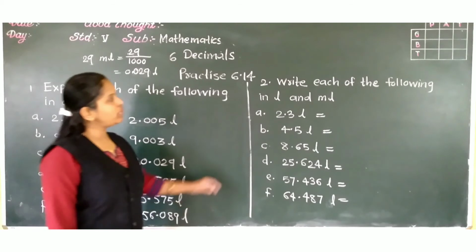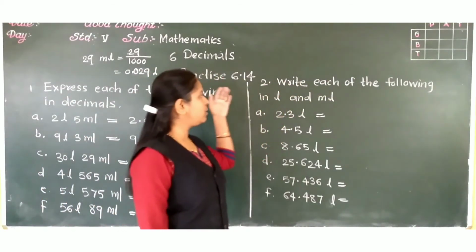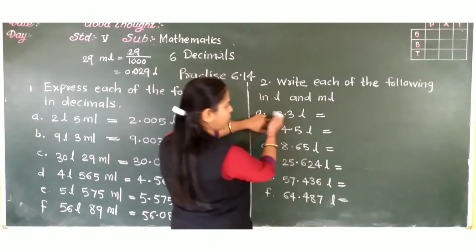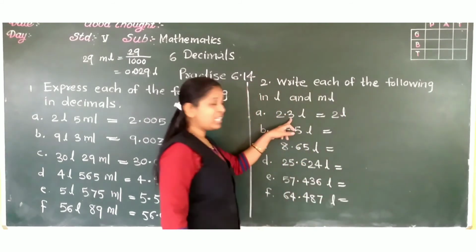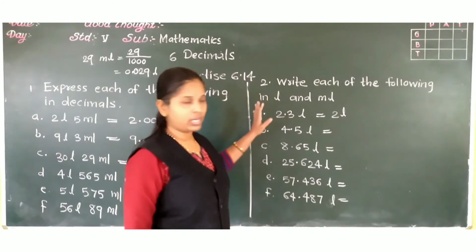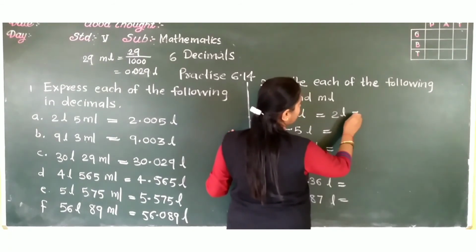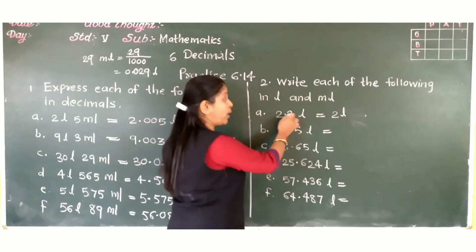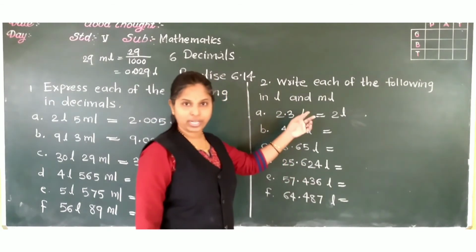Okay. Now next, see question number 2. Write each of the following in liters and milliliters. So easy. Before the decimal point it is liters, that is 2 liter, and then 3 milliliter. Only 3? This is not only 3. 2.3 means I can write 2 zeros also at the back.